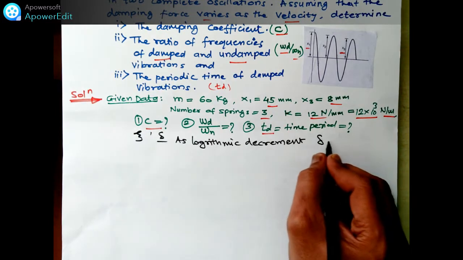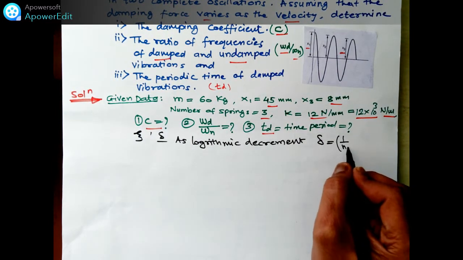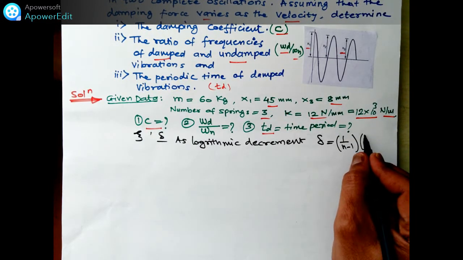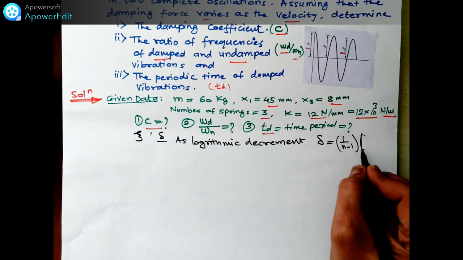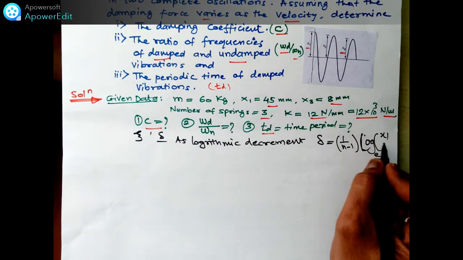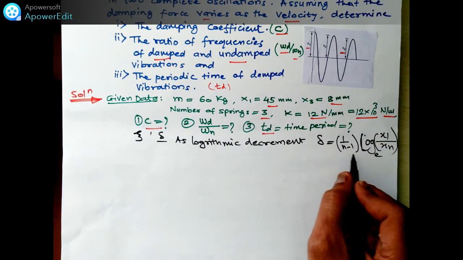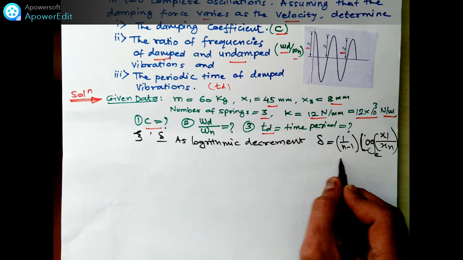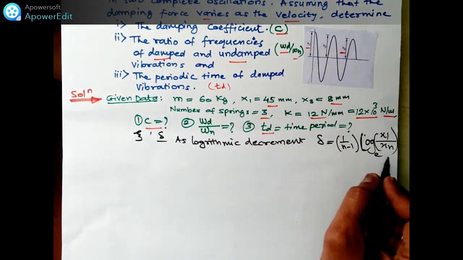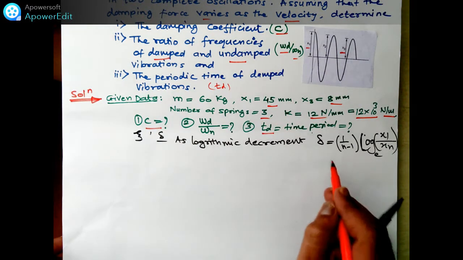This value we can find out by using this standard formula: for n number of cycles, delta equals 1 upon n, log to the base e of x1 by x(n+1). So this n is the number of oscillations. We have to find it by using this formula.